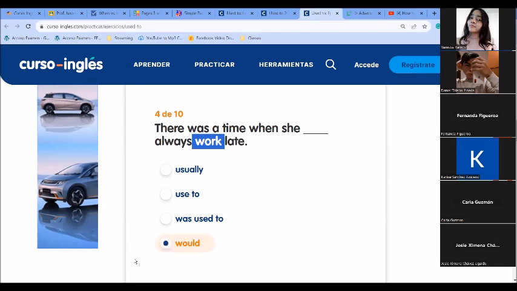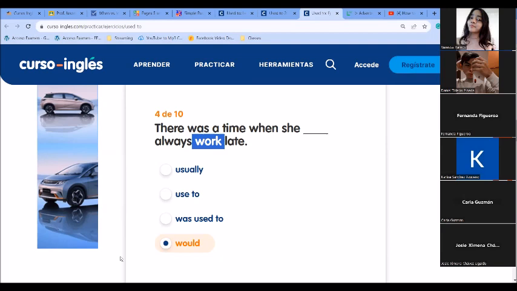Si esa oración hablaba de que ella siempre usaba el metro para llegar al trabajo temprano, entonces ocupamos used to. Pero aquí estamos enfocando más en esa repetición de su acción.